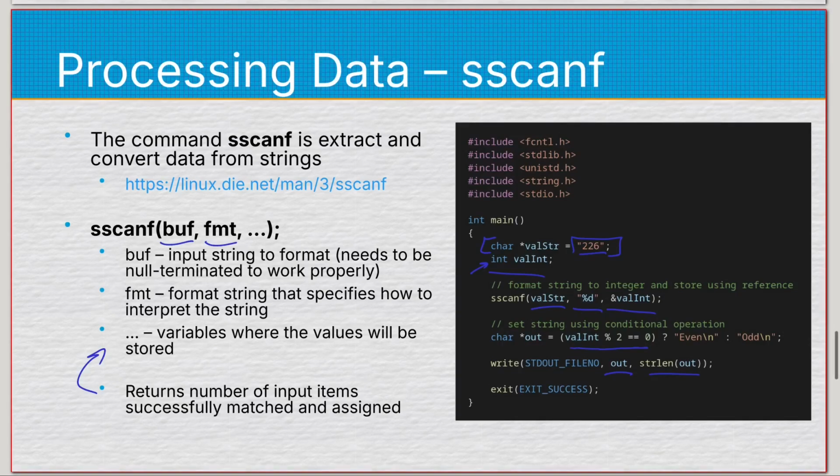Next step, I determine whether the value is even or odd. 226 modulo 2 has no remainder, so it is even. It is true, so it sets out to even, and then I write even out to the user. If this was 227, it would be odd because it'd have a remainder of 1, so I can actually do some dynamic results using string data.